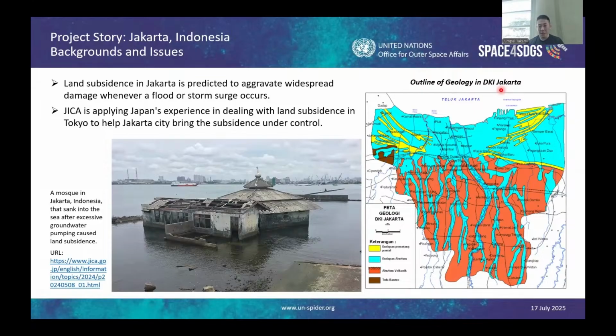It's totally different between the southern part and the northern part. It's a very different geological component. The northern part, colored bluish, is alluvium, and the southern part is a mixture of many different geological components.